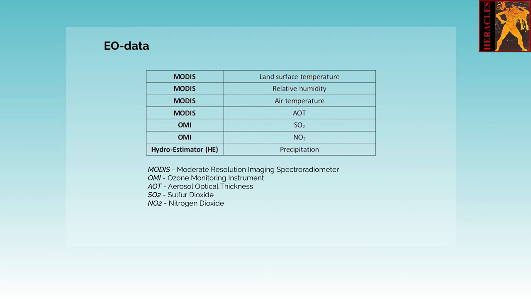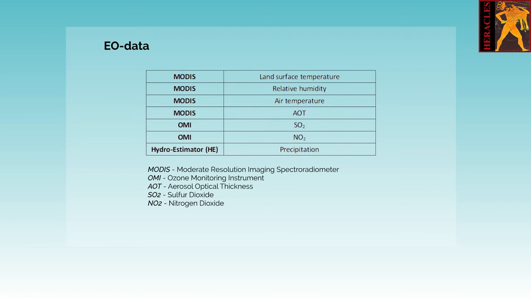MODIS, or the Moderate Resolution Imaging Spectroradiometer, is an instrument aboard the Terra and Aqua satellites. It provides us data for land surface temperature, relative humidity, air temperature, and aerosol optical thickness.